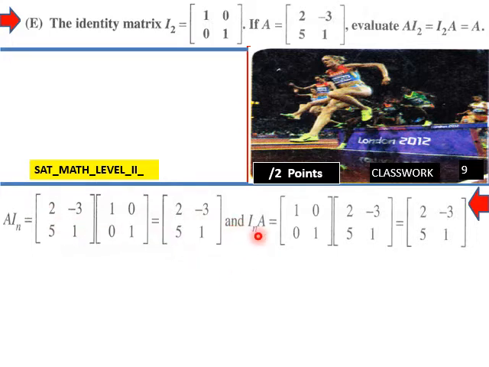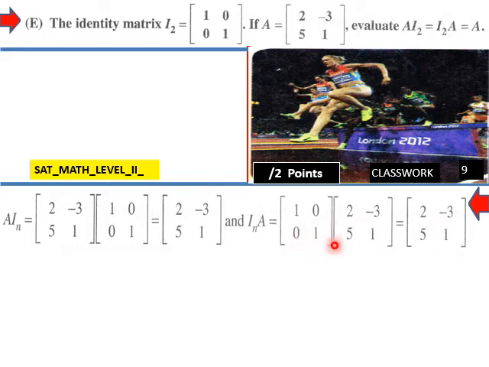And then identity matrix times A, now we flip this, we commutate it, I guess is one way of putting it. And we have 1 times 2 plus 0 times 5 will give us 2. 1 times -3, and then 0 times 1 will give us -3.